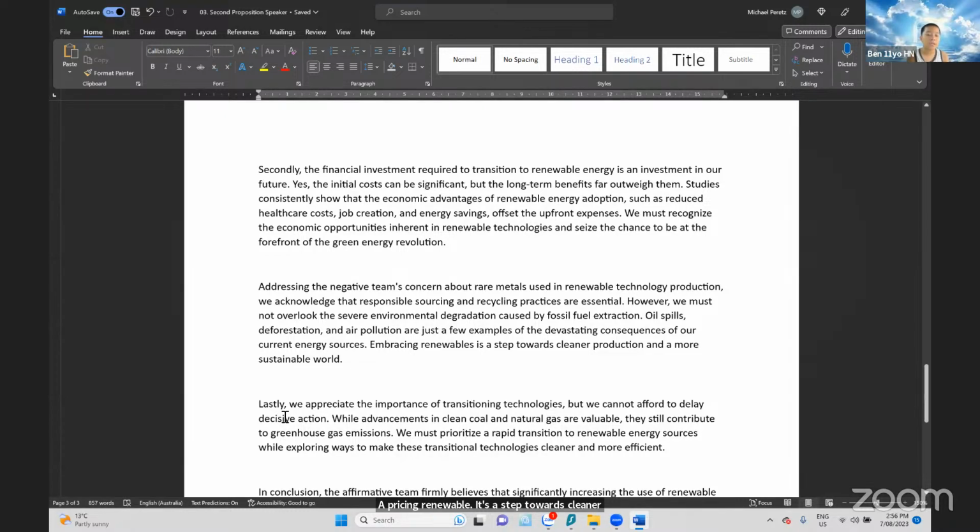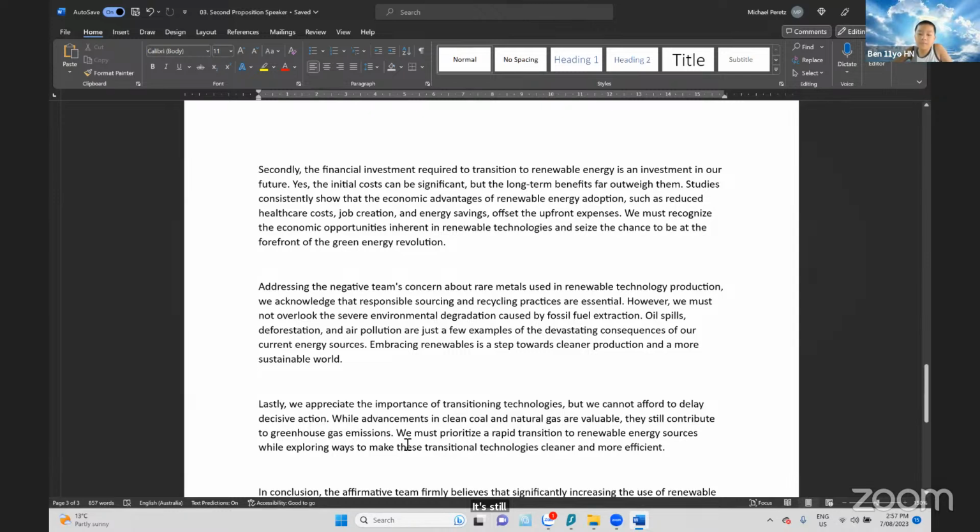Lastly, we appreciate the importance of transitioning technologies, but we cannot afford to delay decisive action. While advancements in clean coal and natural gas are valuable, they still contribute to greenhouse gas emissions.